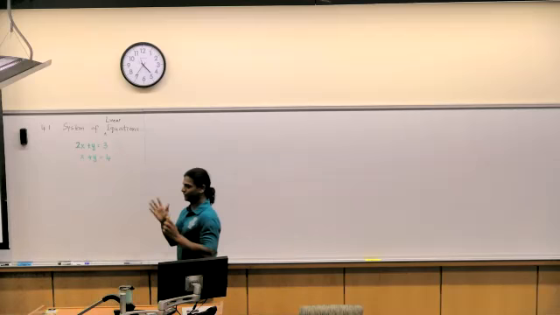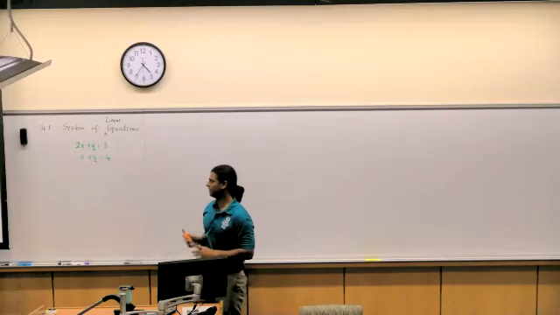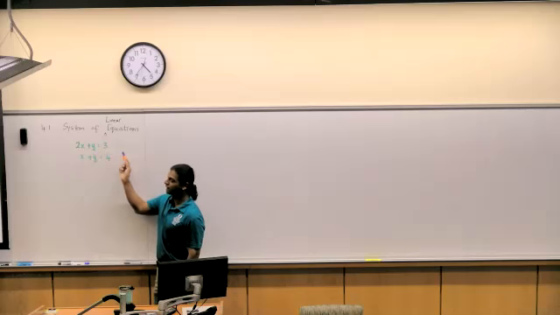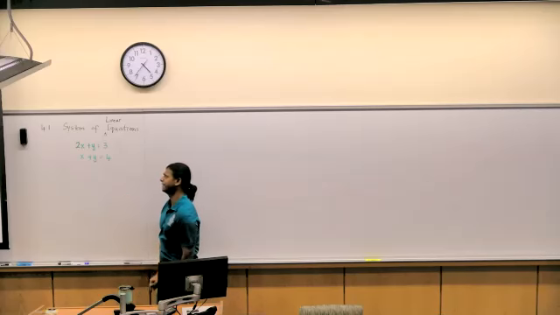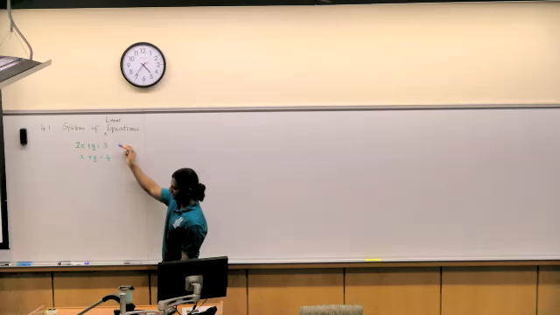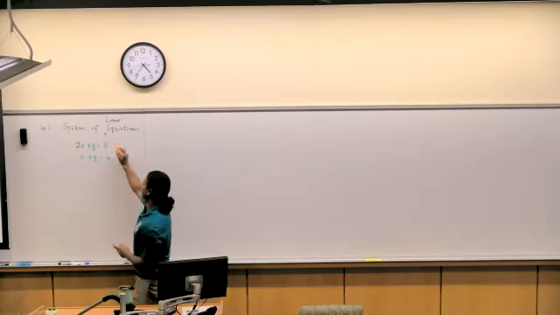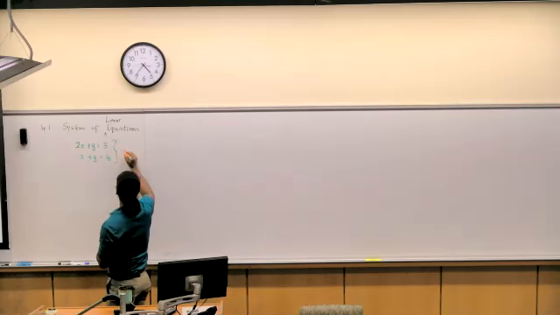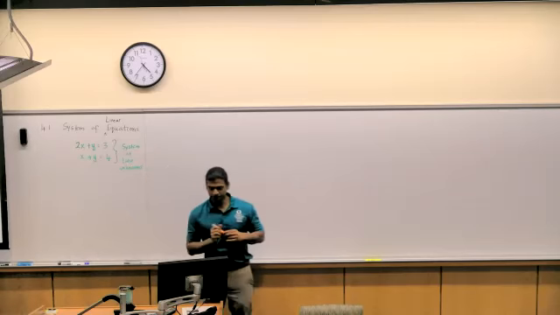So suppose I have two linear equations. Both of them are linear equations because if I rewrite it from standard form to slope-intercept form, I'm just going to have a line. We call it a system because we have two lines. And specifically, this is a system in two unknowns.